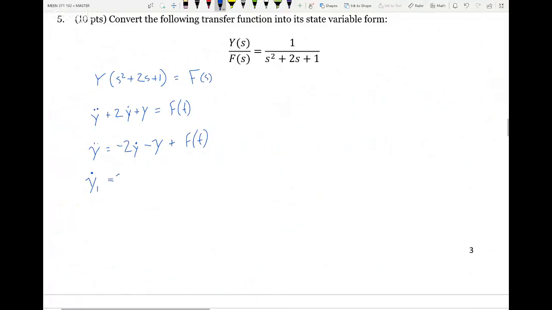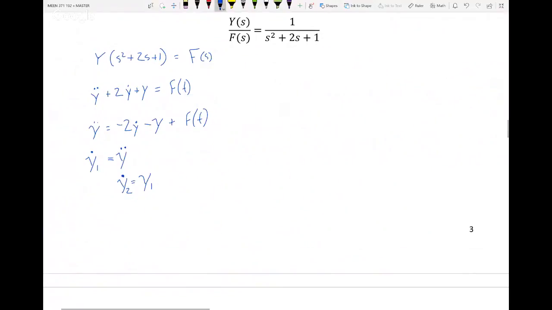It might make it a little bit easier if we define a different one, for example y2. So we say y2 dot equals y1. All right, so now let's try to rewrite this equation without there being any dots on the right-hand side, only a single derivative on the left-hand side.